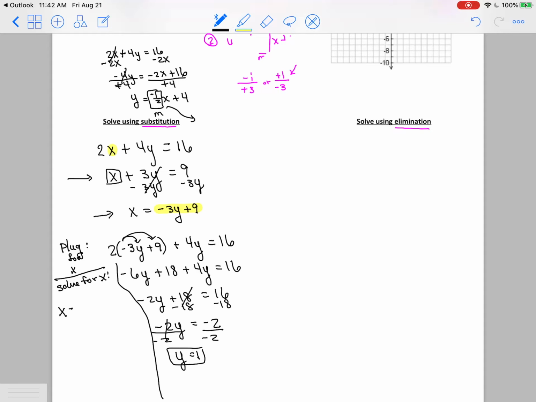So x is now equal to negative 3y plus 9. Now we know that our y is 1, so I'm just going to stick in my 1 right here where the y should be. x is equal to negative 3 plus 9. x is equal to 6. Okay, I'm very happy about this result because this is what I expect to get.